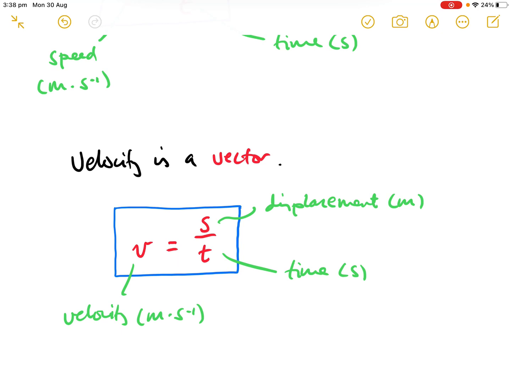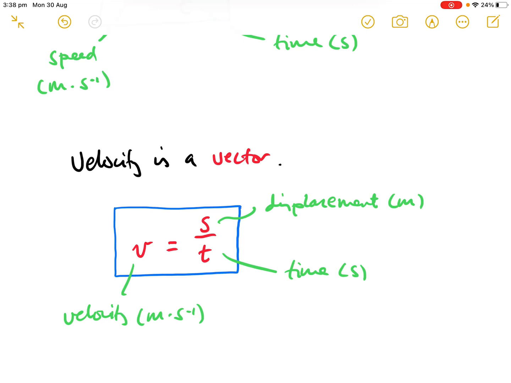So s, the displacement, is measured in meters, and that of course would have a direction, and the direction of that displacement would also be the direction of the velocity vector. Time t is measured in seconds, and velocity therefore is measured in meters per second.